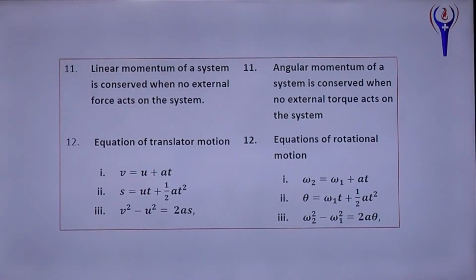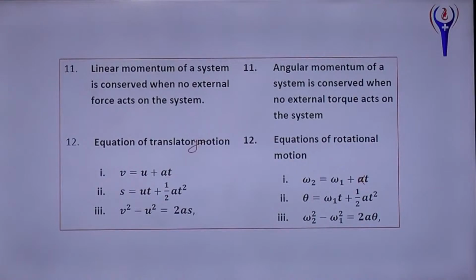And equations of translatory motion, that is v equal to u plus at, s equal to ut plus half at square, v square minus u square equal to 2as. And same way for rotational motion, omega 2 equal to omega 1 plus alpha t.